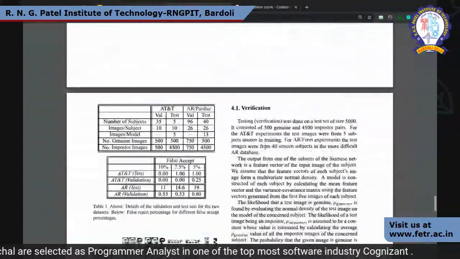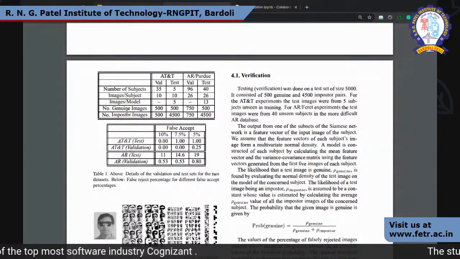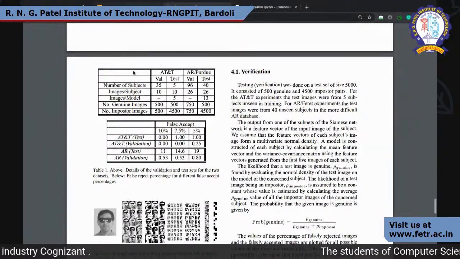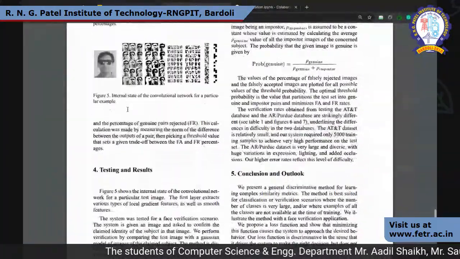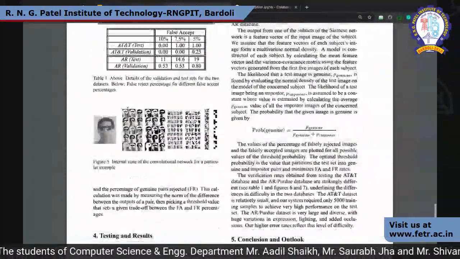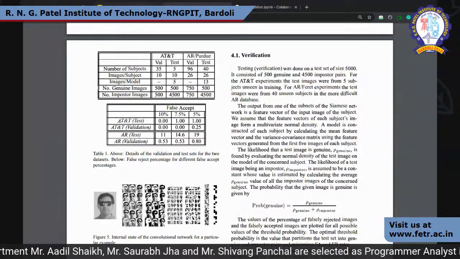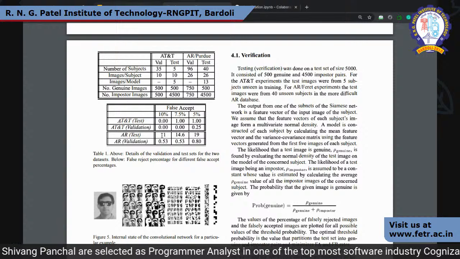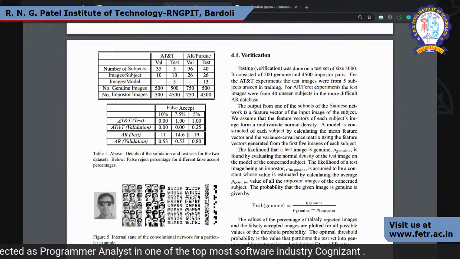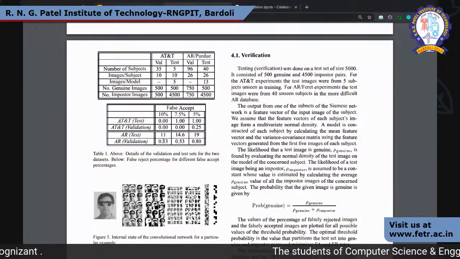So this is basically a simple verification part where they calculated the result using this. This is the accuracy that they got from the testing images: false accept 1.11 and 40.6, and the 10% false accept was the 11 which is in validation.